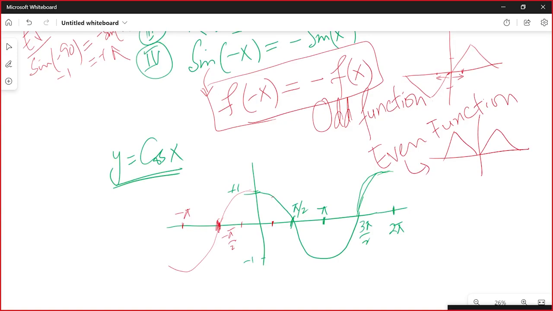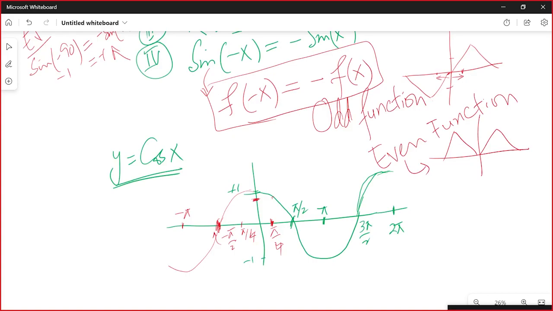If I put here, for example, let's say this is pi over 4, because this is half of it, right? And minus pi over 2 is this, so here it would be minus pi over 4. What is the value of cos pi over 4? It would be this value, whatsoever that is; we do not know at the moment.